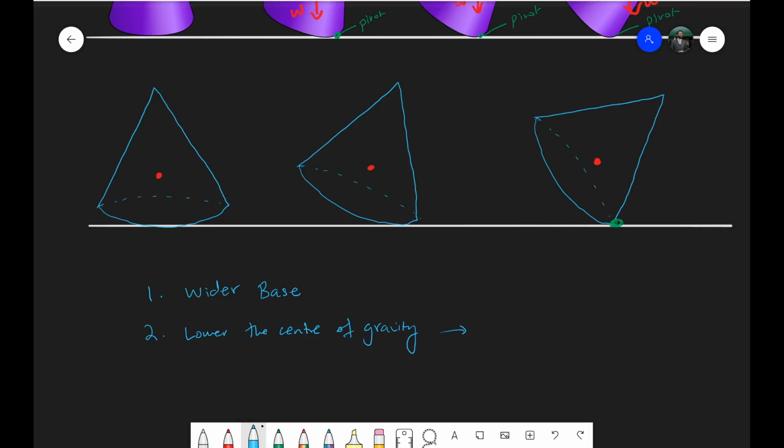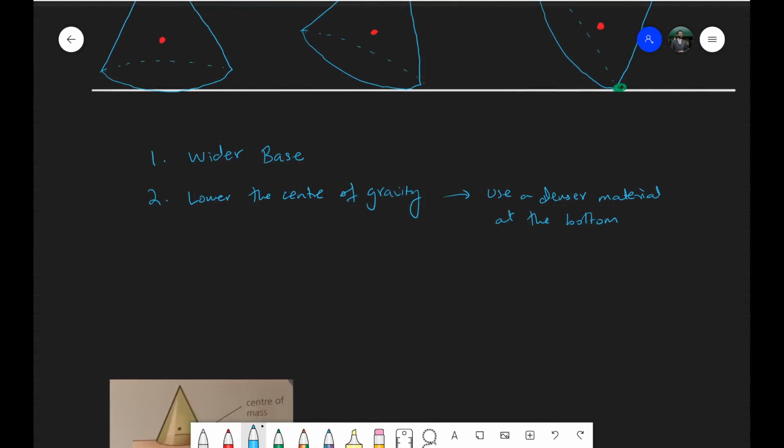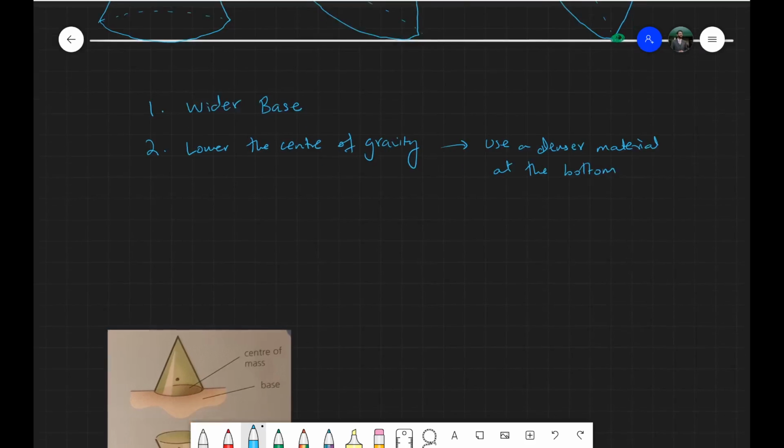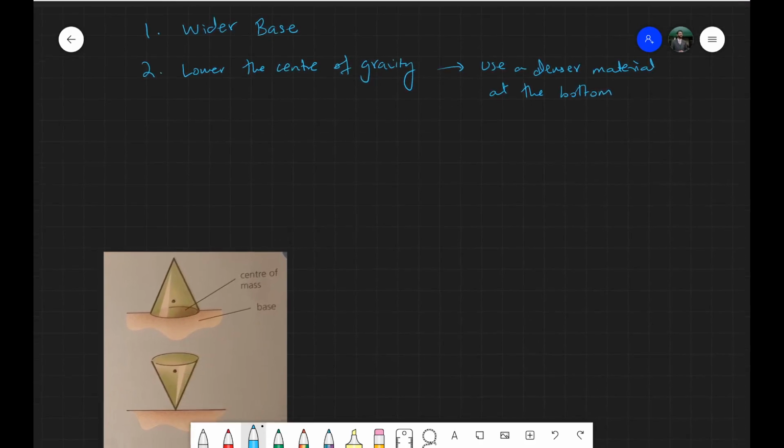What you can do is use a denser material, a material with more density, a heavier material at the bottom than the top. And this is why things that are heavier at the bottom seem to be more balanced and more stable than the objects which are heavier at the top and lighter at the bottom. They will actually topple over very easily.